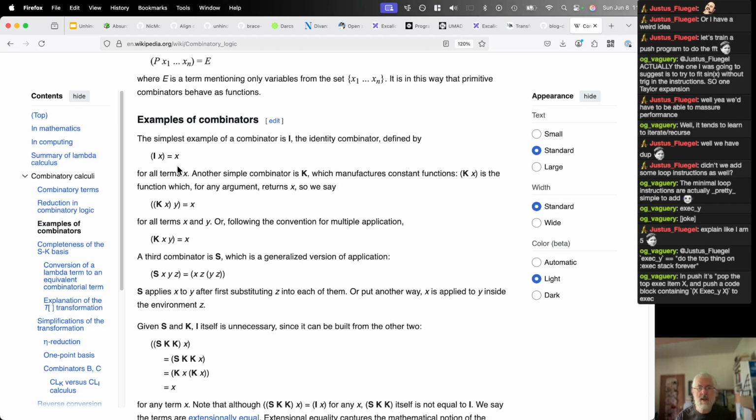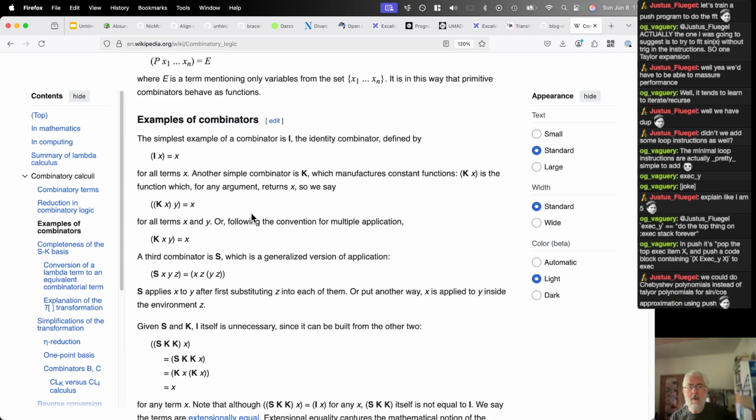So the I combinator is the identity. It just takes X and returns X. K is a constant. So K of X applied to Y always returns X, so it ignores its second argument.